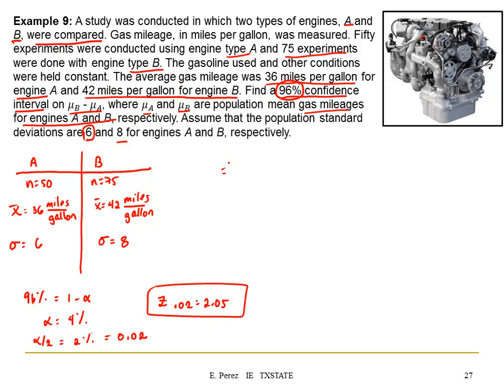So we have x bar B minus x bar A, plus minus z of alpha over 2 times this expression, sigma squared of B divided by n of B plus sigma squared of A divided by n of A. In order to save some space, I'm putting both bounds on the same expression, so that's why I'm using plus minus.